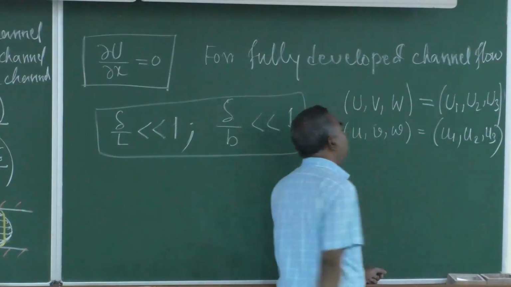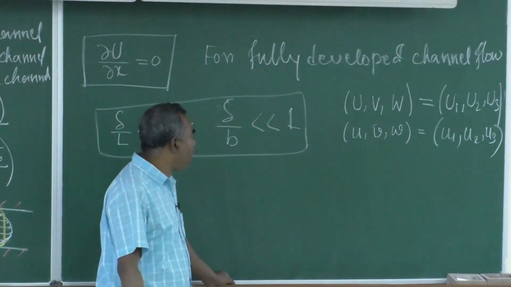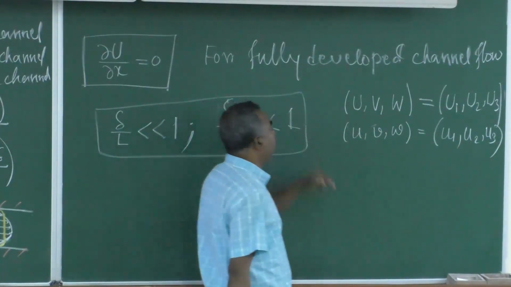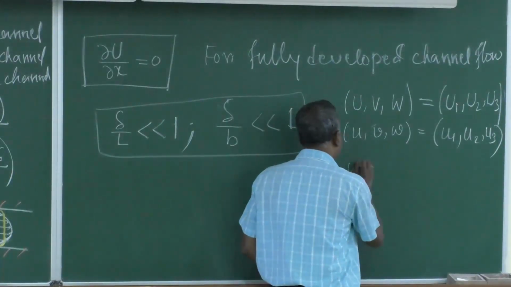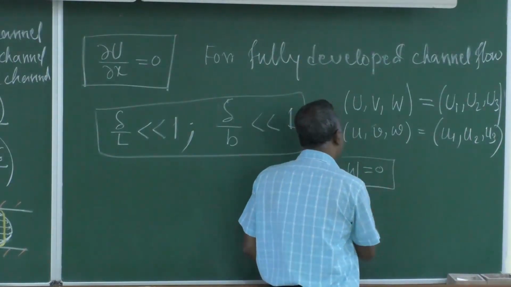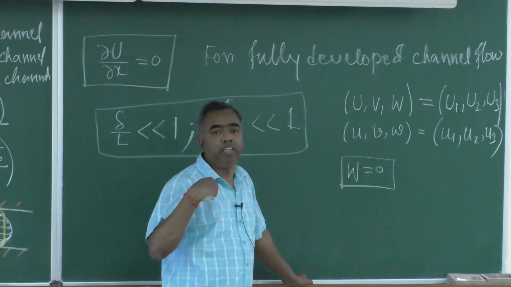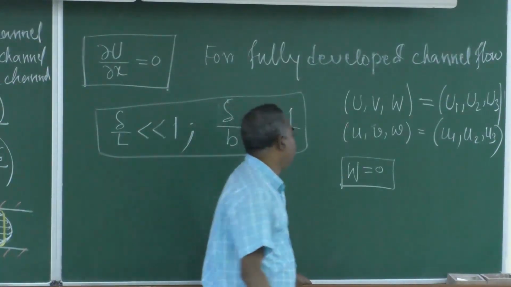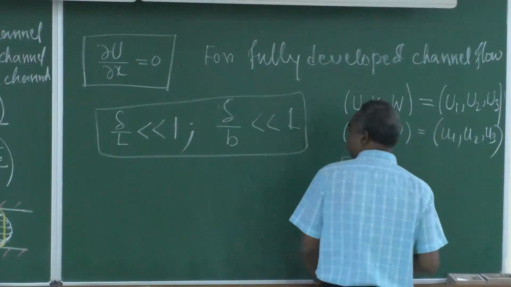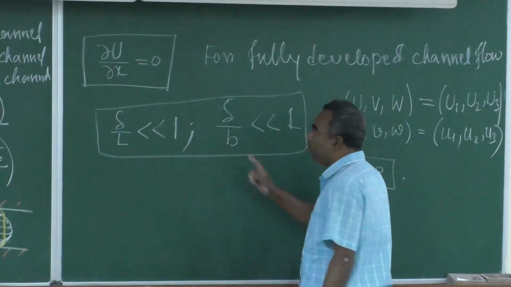These things I believe you know, but for this particular channel flow case the mean w will be 0. So, the span-wise component of the mean velocity will be 0, as we will also see from the continuity equation.